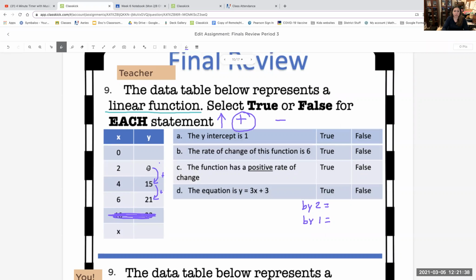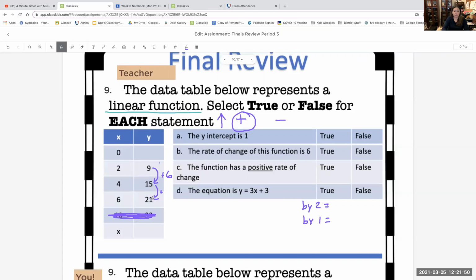So let's find this pattern by 2s. 9 to 15, what is that? That's going to give me 6. 9 plus 6 gives me 15. Double check: 9 plus what gives you 21? Well, 6. 9 plus 6 is 21. Perfect. So we know that by 2, my pattern is 6.